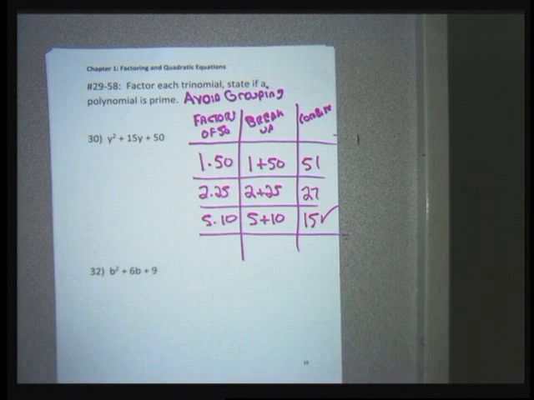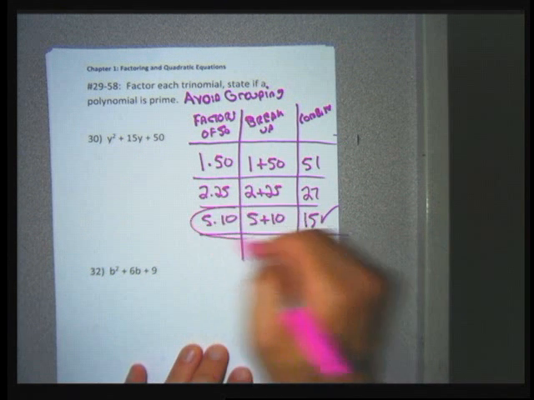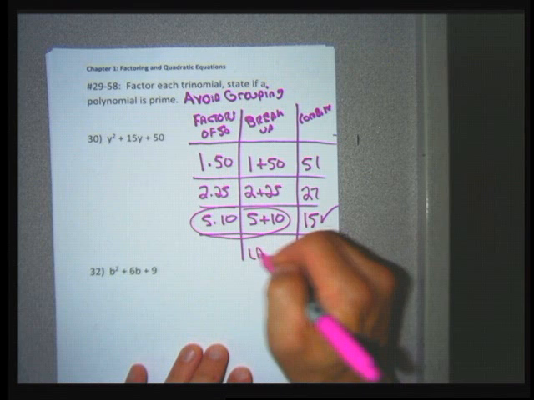5 and 10 are important numbers, and they're going to go in the answer. The beautiful thing about this method is I can get to the answer without having to group if I just know what to put first in the parentheses and what to put last in the parentheses. These are going to be the lasts in my parentheses.